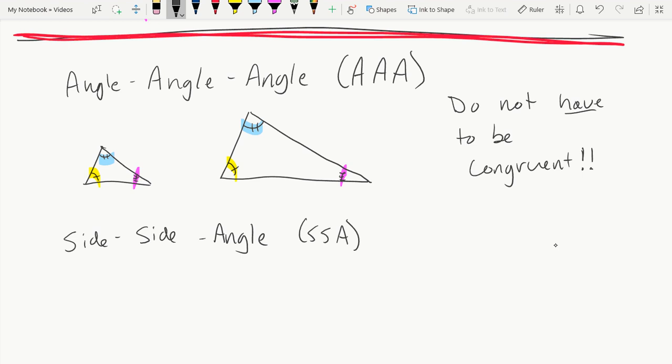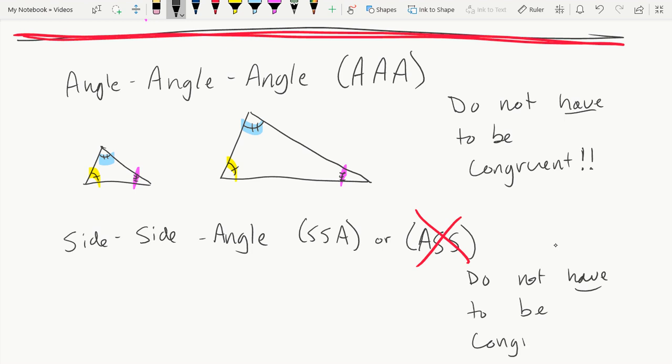Side angle does work. It's side angle that doesn't work. And you may have realized that if I spell it backwards, it turns out to be that word. And that word doesn't work. Okay? This one, these do not have to be congruent.